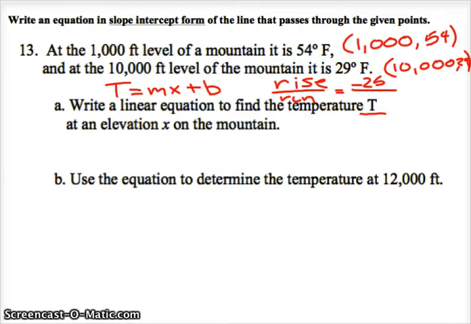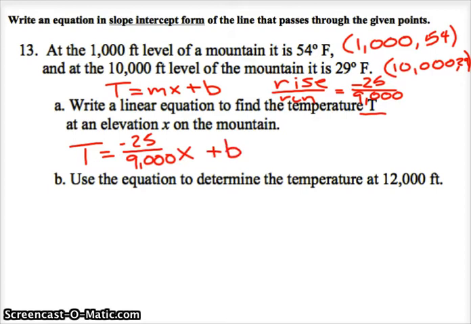And I'm running from 1,000 to 10,000, my x terms. So I'm actually moving 9,000 feet up as I go. So writing my equation, I have my temperature is equal to negative 25 over 9,000 x plus b.